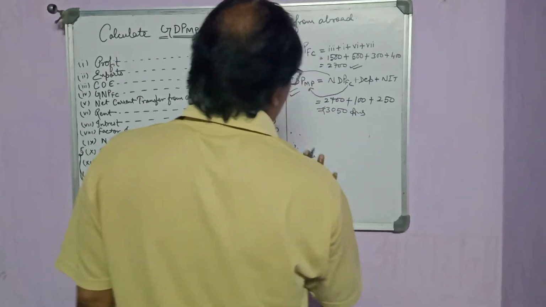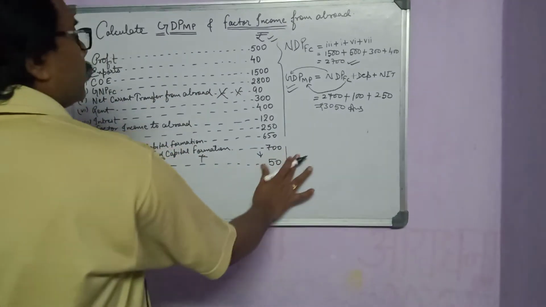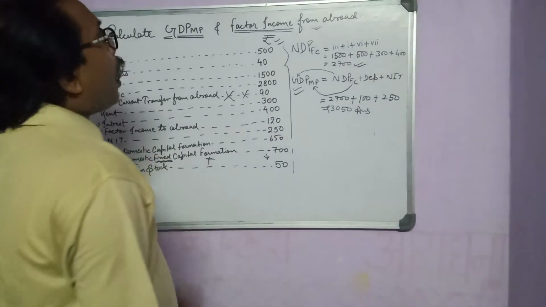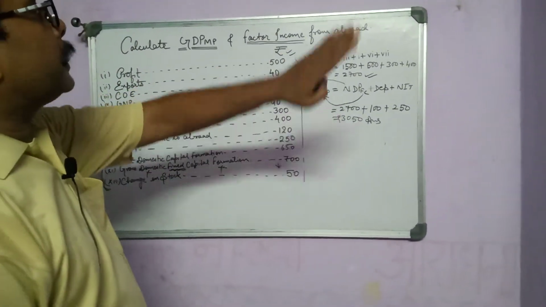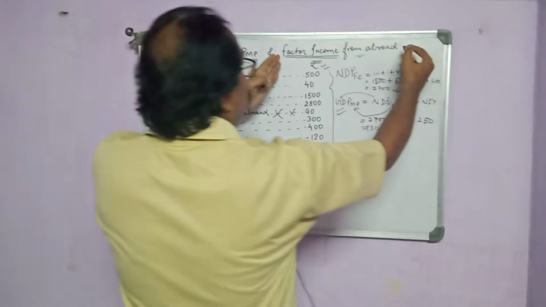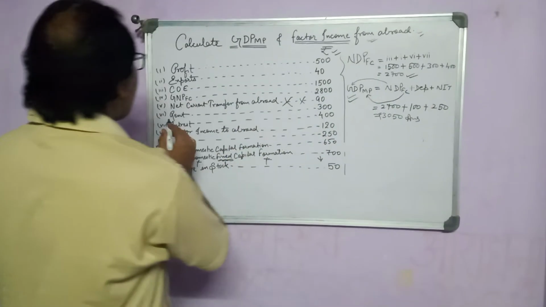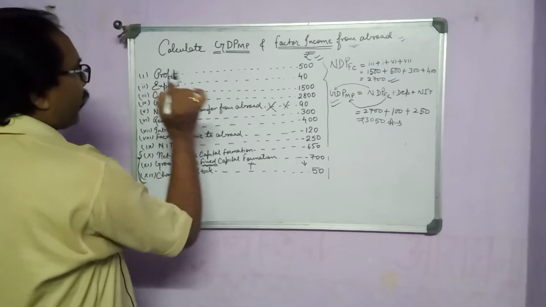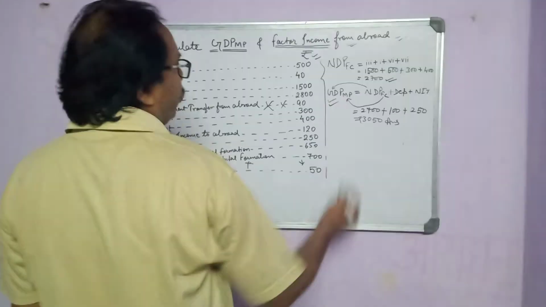Okay. Now come to the factor income from abroad. How can we calculate factor income from abroad? To calculate it, we will have to come to gross national product at factor cost, which is already given.